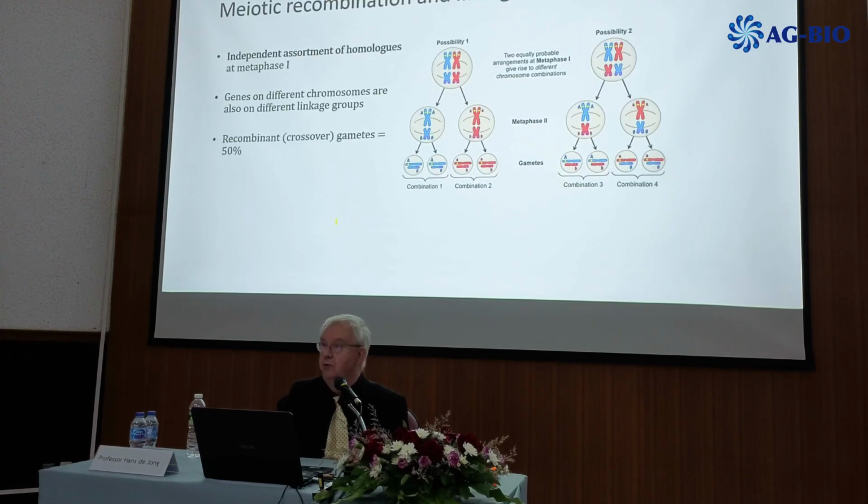Now, just for you to remember, people may say, oh, that's quite boring. But if you come with some critical questions, people always think, oh, that's a bit more difficult than I expected. So here you see the independent assortment of homologs in metaphase 1. Let me see if we can now.